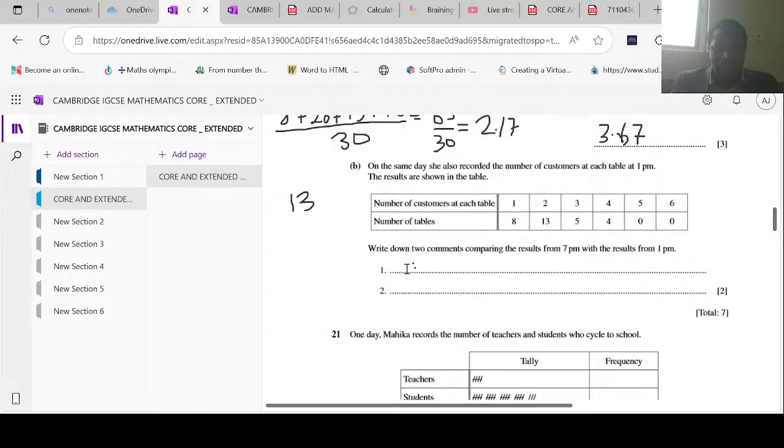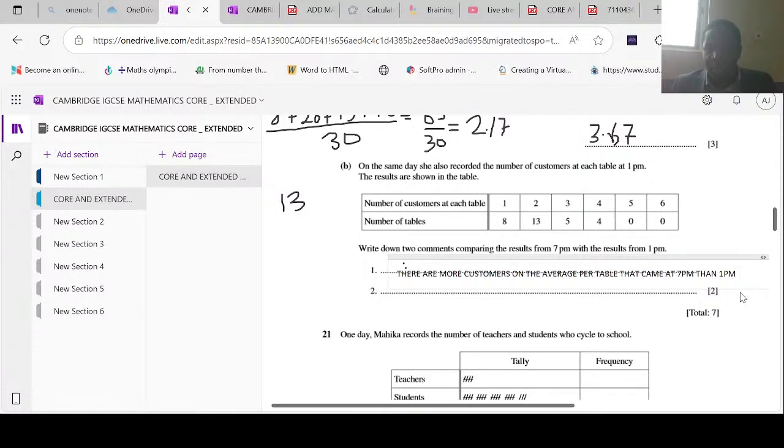There are more customers on the average per table that came at 7 p.m. than 1 p.m. Do you guys agree with me?